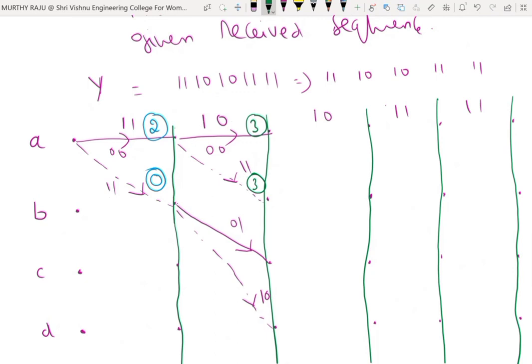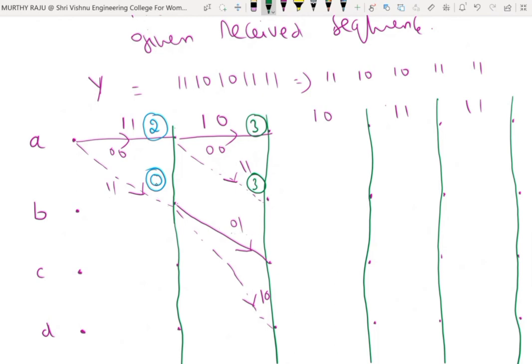Here 1 0 and 0 1. 1 is changed to 0, 0 is changed to 1. Therefore, two changes.